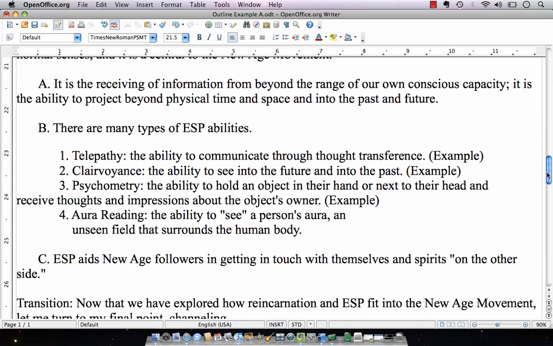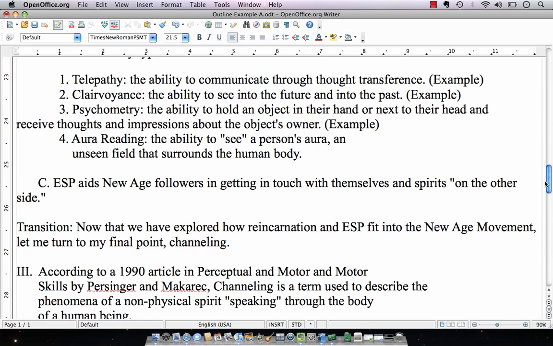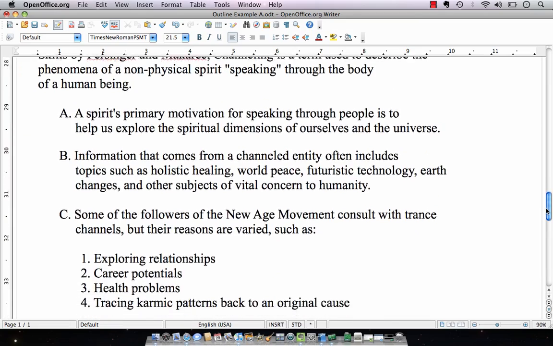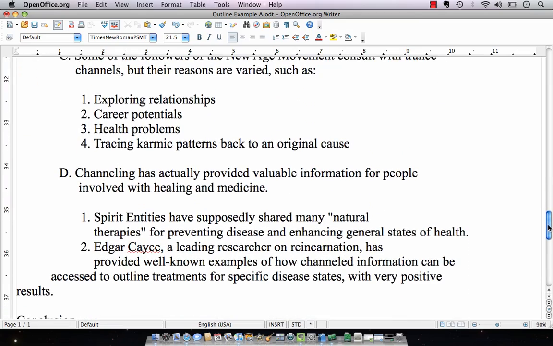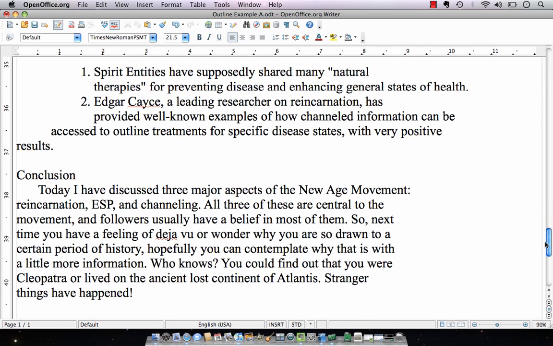So let's scroll down the outline. The outline looks good. We'll have another transition statement right before our third main point, where they chose to cite another source. And it looks like we're wrapping up and going to the conclusion, and that's where we are now.